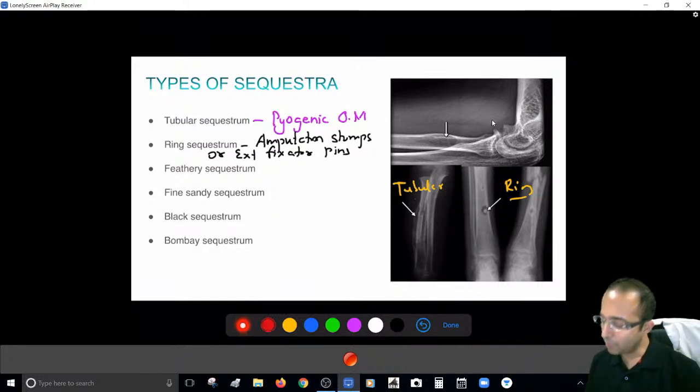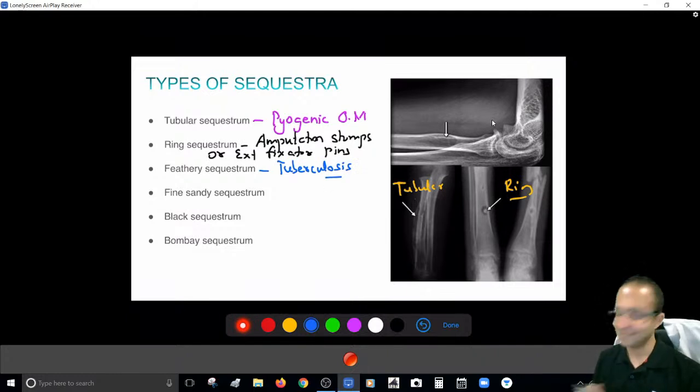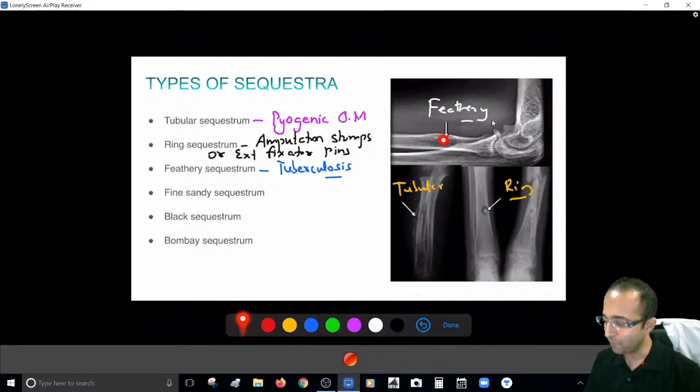Now not uncommon it is to find a feathery sequestrum. Okay, and this is something that is seen in something that can never be neglected in India, tuberculosis. So what you see over here, this feather-like chip of bone, this is feathery sequestrum. Fine sandy sequestrum tends to be classical of viral osteomyelitis.